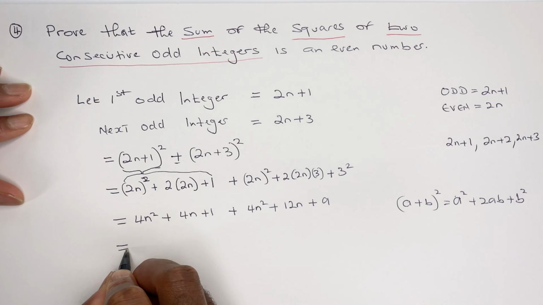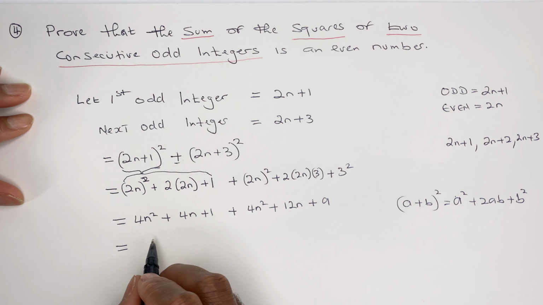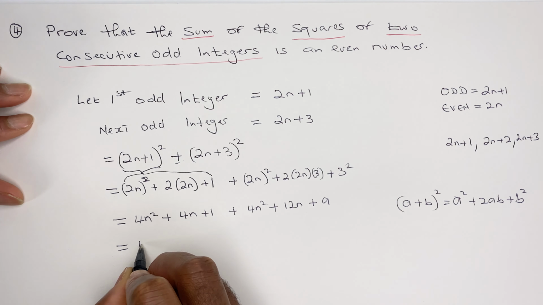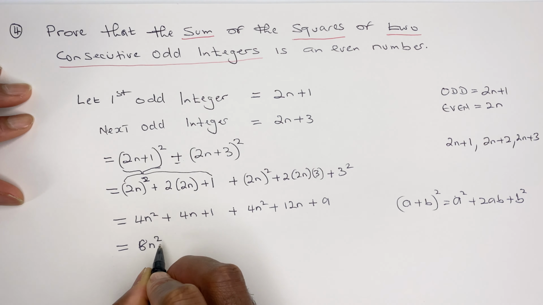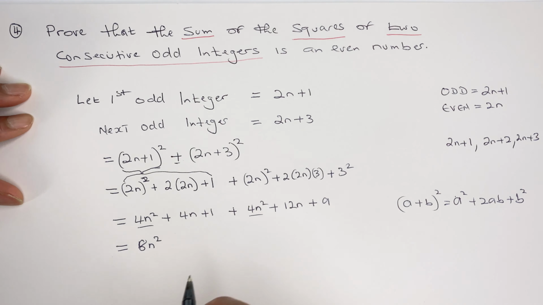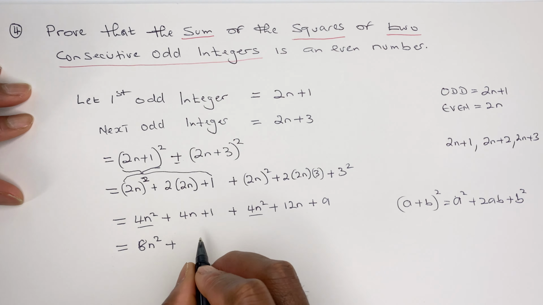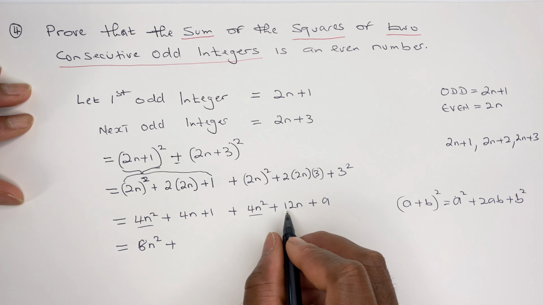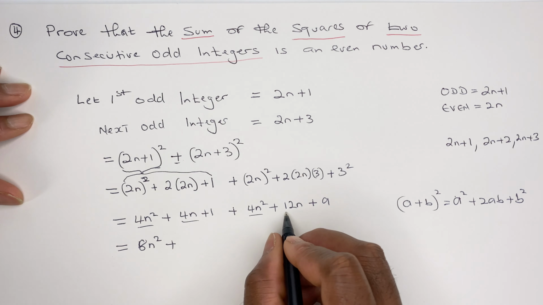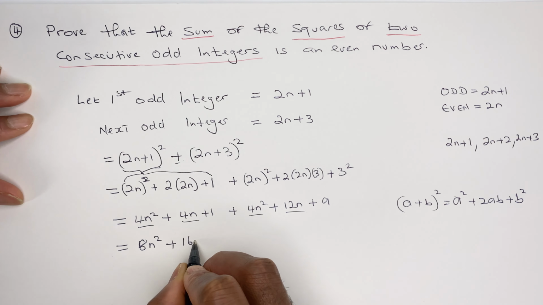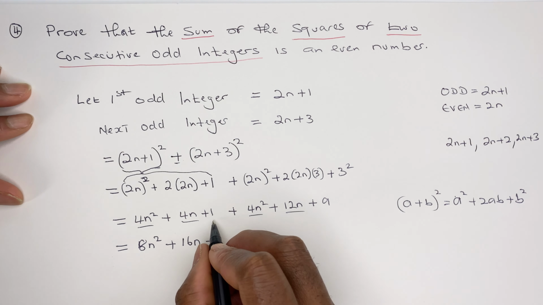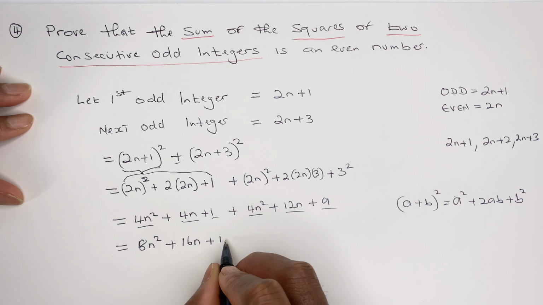Now what do I do next here? I would have to collect all the like terms. So 8n squared, that plus that, plus 4n plus 12n is 16n, and then plus 1 plus 9 is 10.